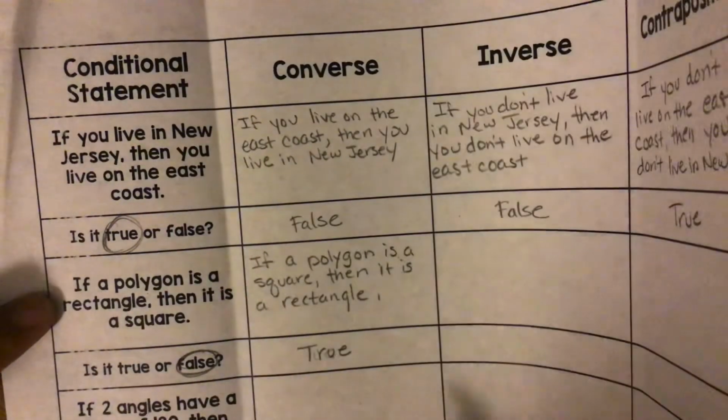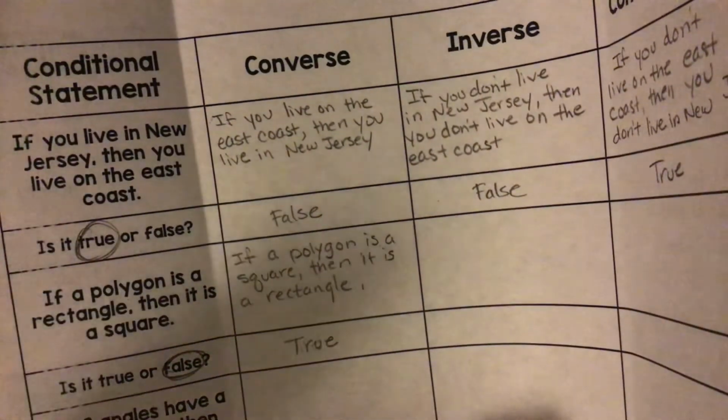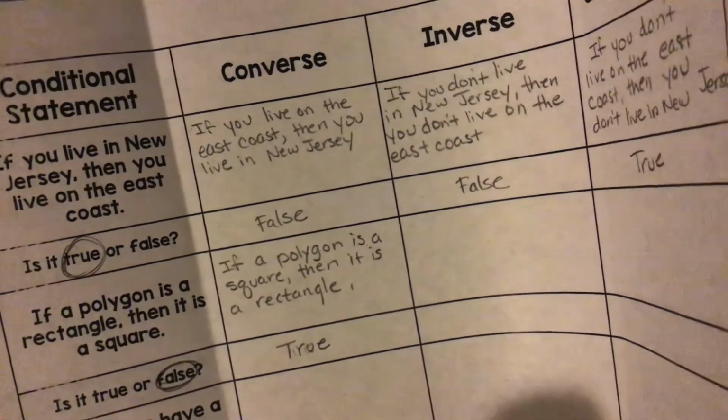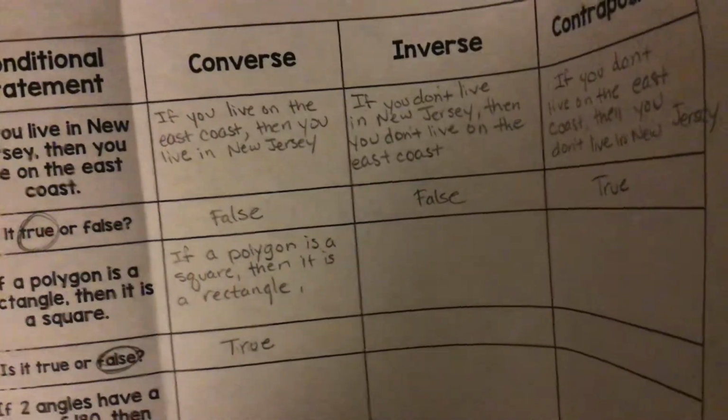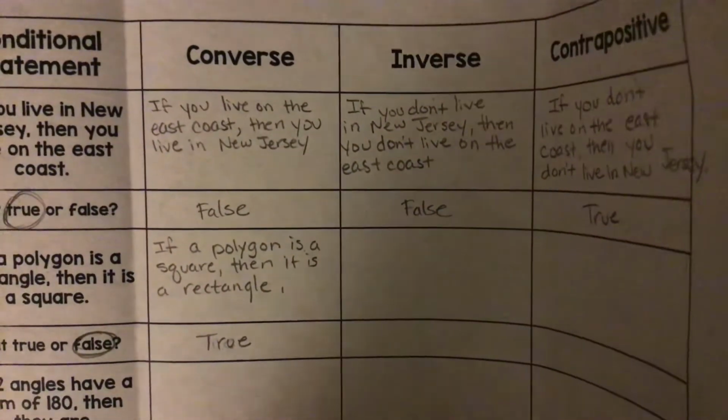And this one would be true, because a square is a type of rectangle, and that would make it correct. All right.